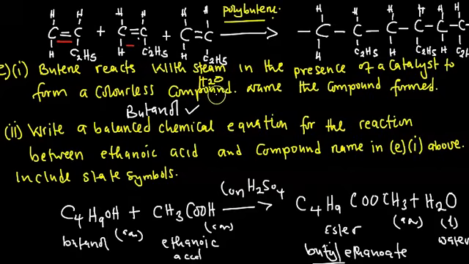The colorless liquid produced here is butanol, and when it reacts with ethanoic acid, it produces butyl ethanoate, that is an ester, and water only. So counter check if all the atoms are balanced. Otherwise, this is how we write it.